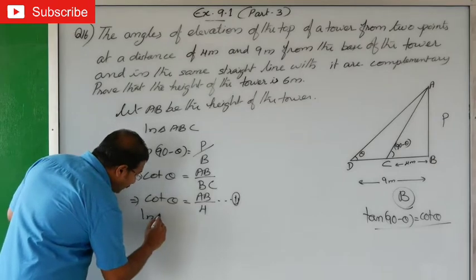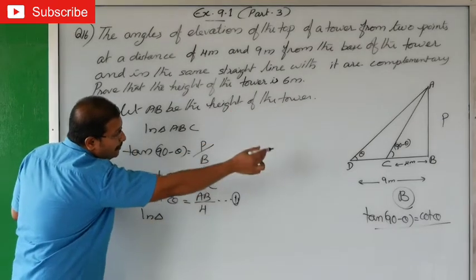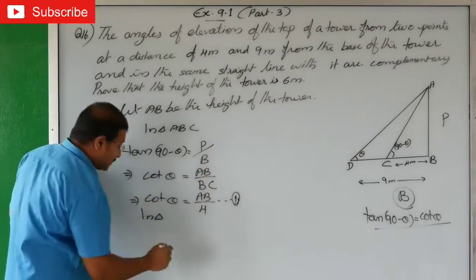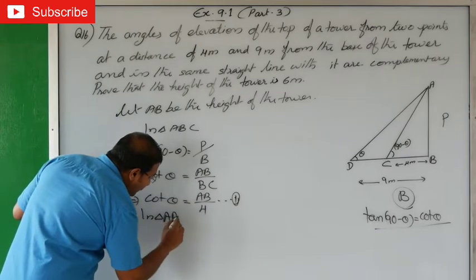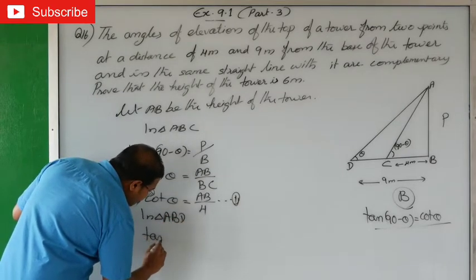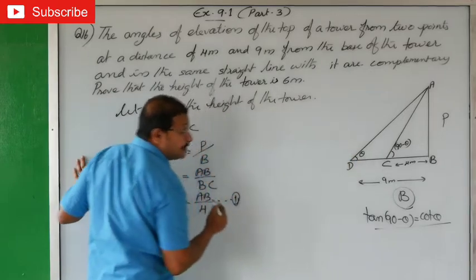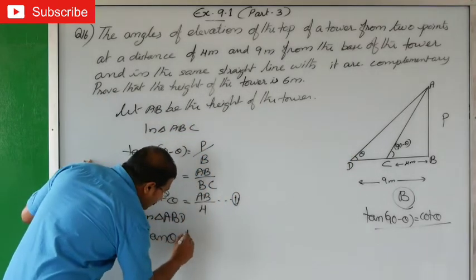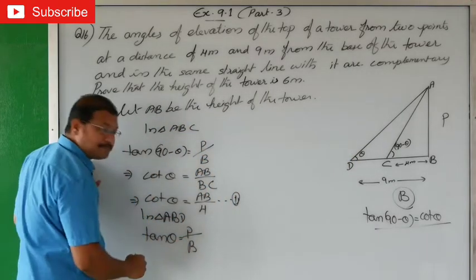Now in the next triangle ABD, the bigger triangle, tan, this time what will be the angle? Theta, isn't it? So tan theta equals perpendicular by base.